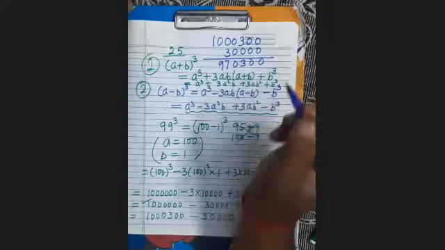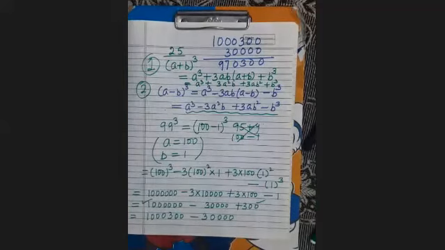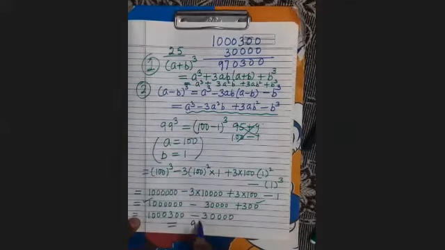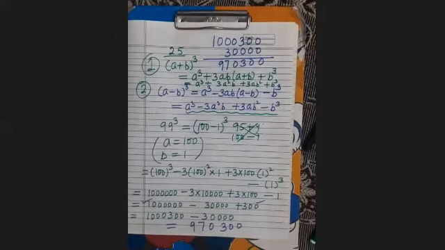It's clear. So it is equal to 970,300. Check whether it is correct or not.